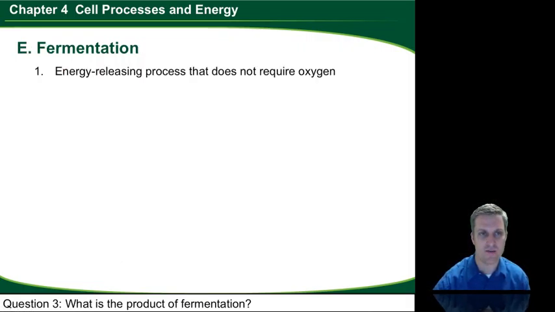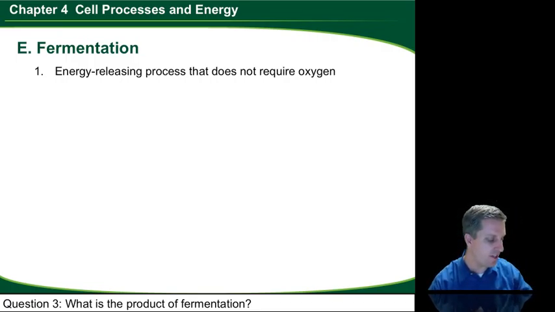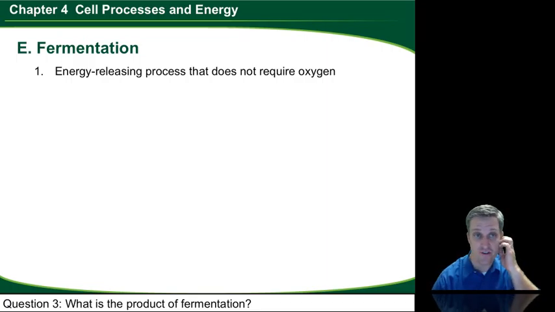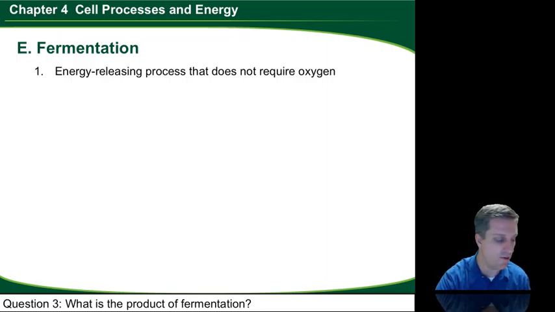One last thing to talk about today is fermentation. Typically cellular respiration is the best and most efficient way for us to make energy. You'll get the most energy in cellular respiration. But sometimes cells don't have oxygen and aren't able to do it, because if you don't have oxygen, you can't do cellular respiration.